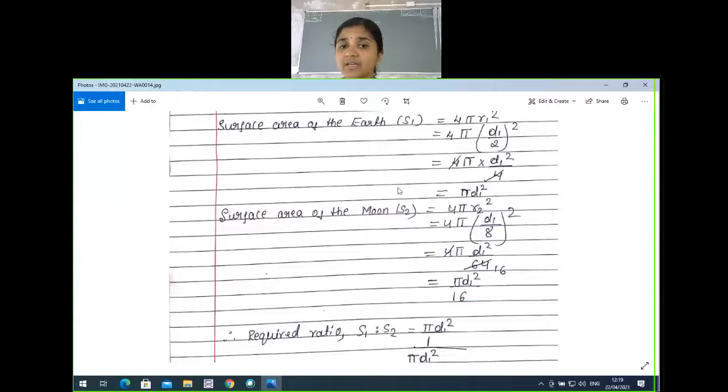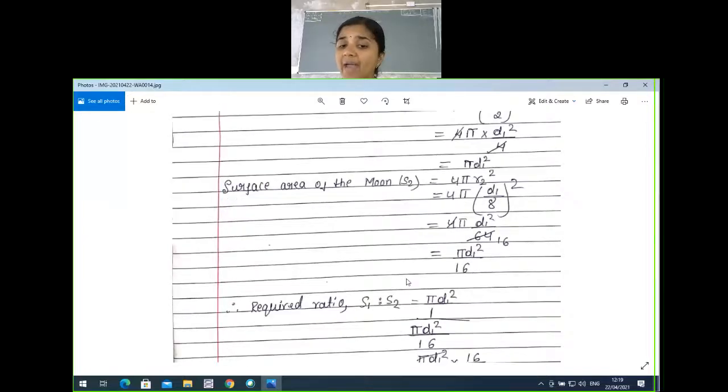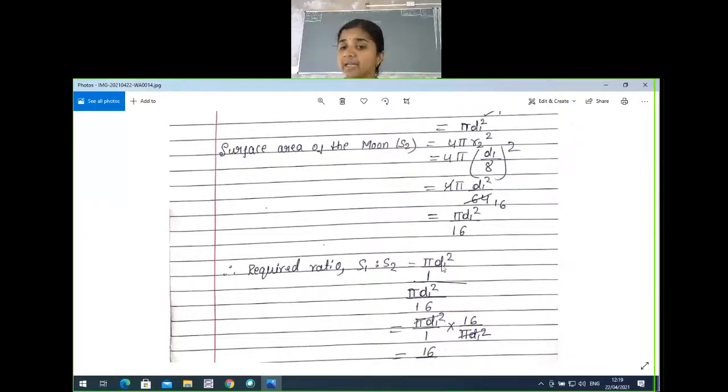See here, the surface area of the earth we got is pi d1 square. Then the surface area of the moon we got is pi d1 square divided by 16. Then the required ratio is pi d1 square, and here nothing is there in the denominator, in the sense 1 is there, no? Pi d1 square divided by 1, divided by pi d1 square divided by 16.